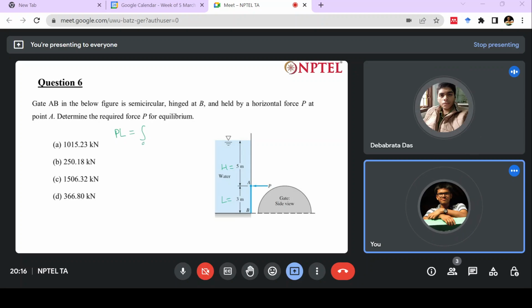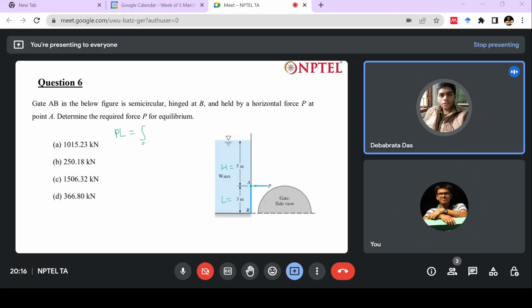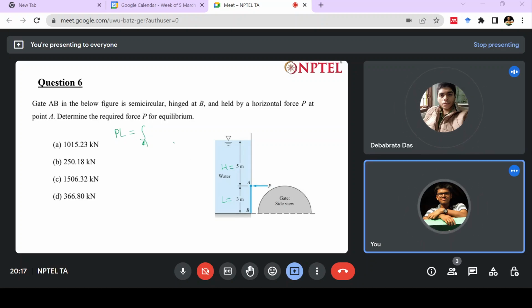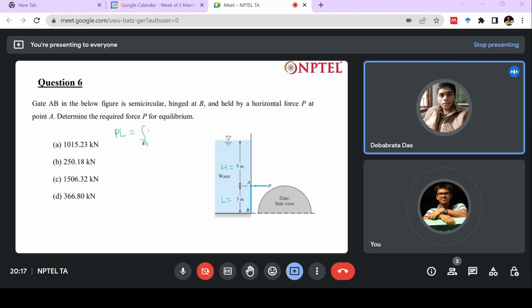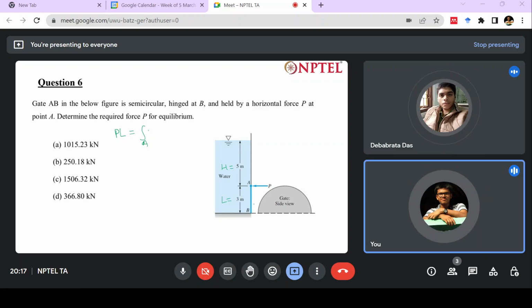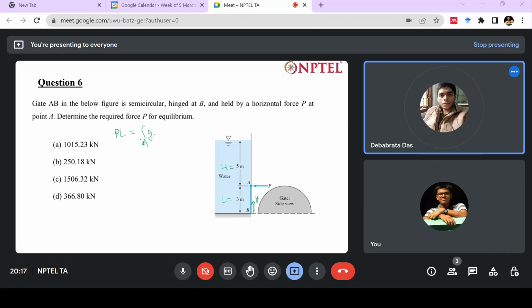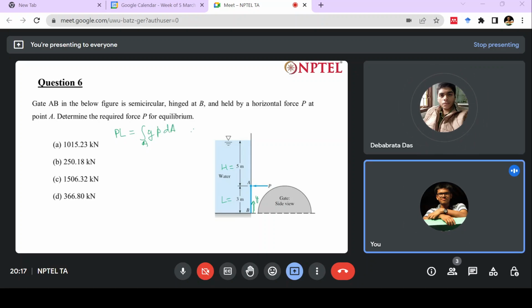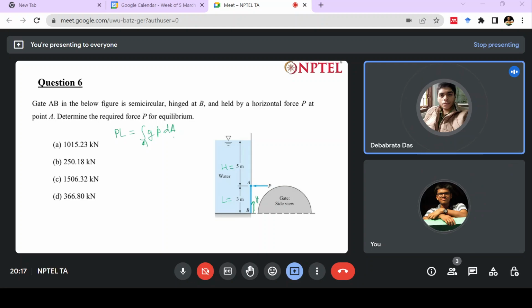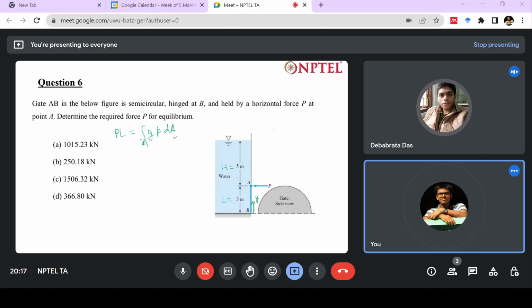Because this is not a plane, this is just integration of area into y, let me still call this height y, into p into dA. So one way to do this is by integration only, so that you don't have to memorize unnecessary formulas.